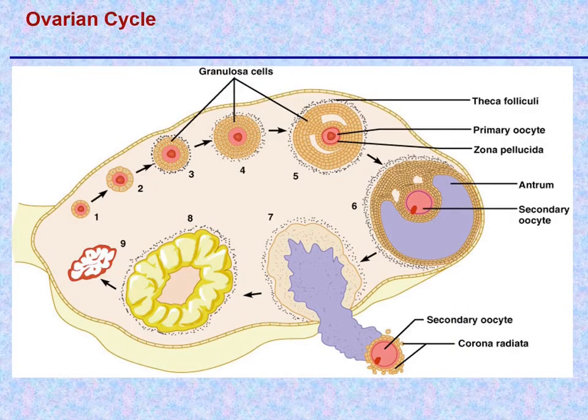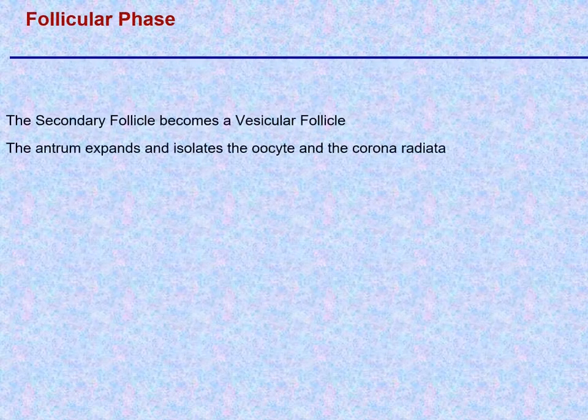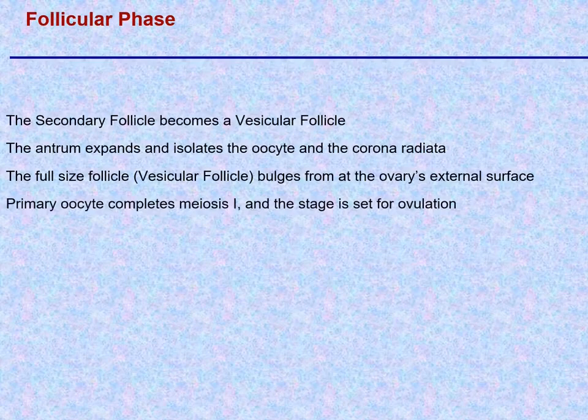Okay, this is the same diagram. I don't know why I particularly blew it up. Let's move on. Now, in the follicular phase, the primary follicle becomes a secondary follicle.